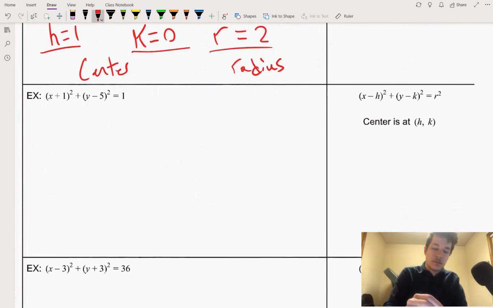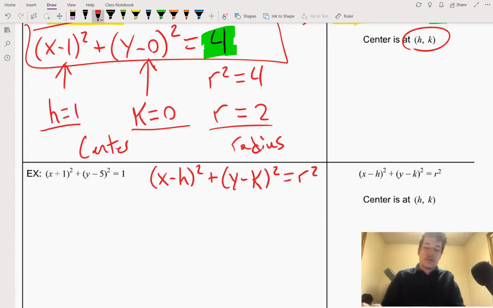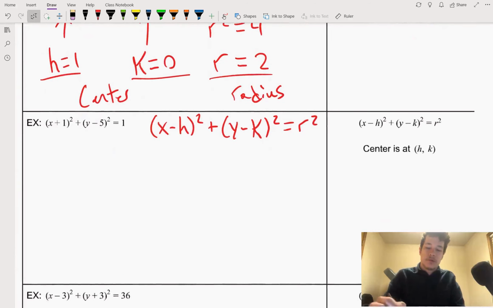In this case, we come across something a little bit tricky. I know that the equation is supposed to look like this. Okay, so we can get a few things right off the bat.